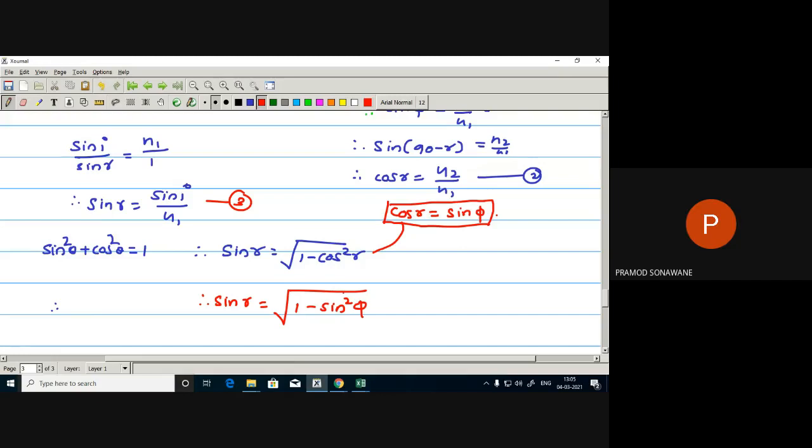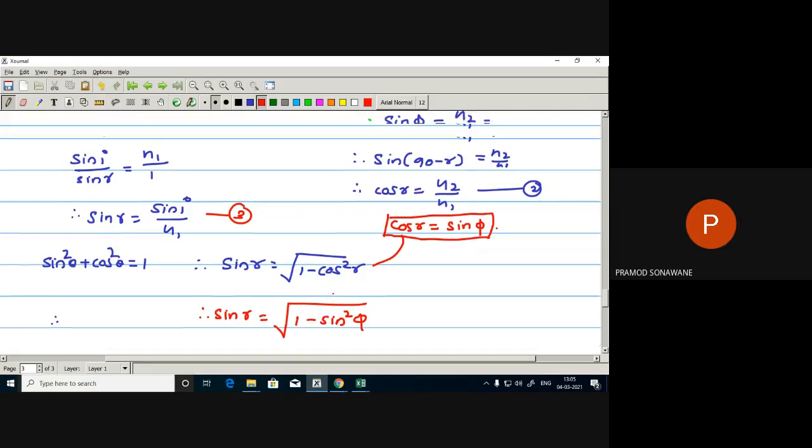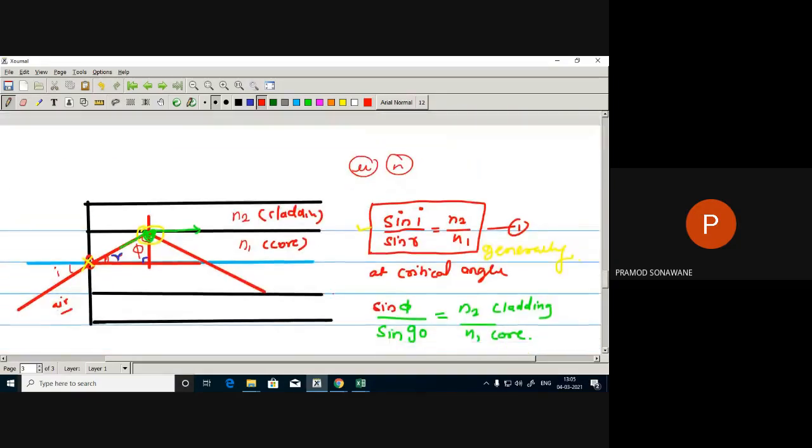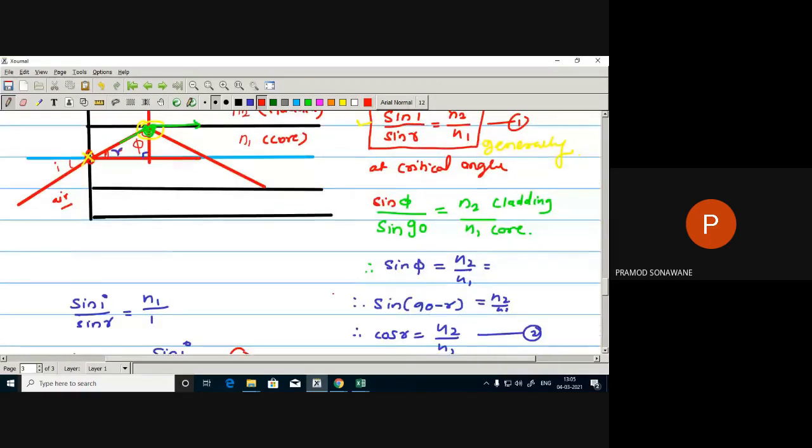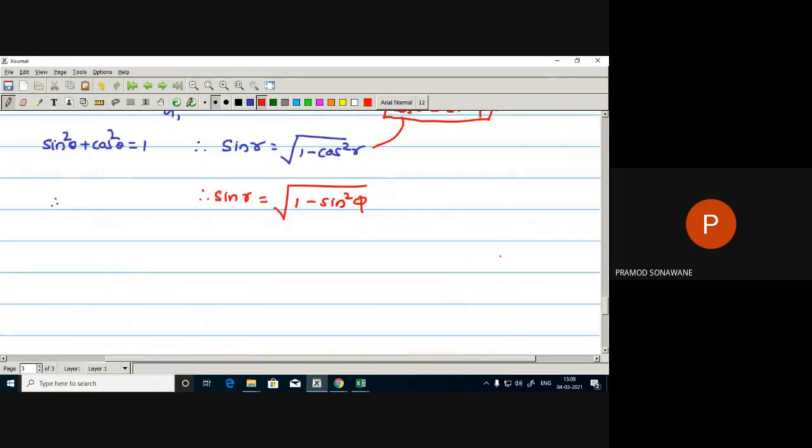Got it? And we know sine phi is how much? Here, sine phi is what? n2 by n1. So if I put it here, therefore sin r is equal to root of 1 minus (n2 by n1) square.